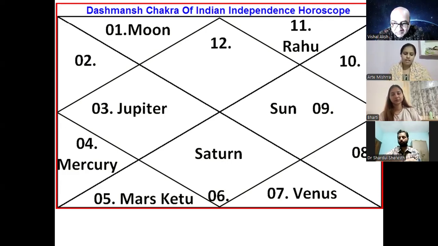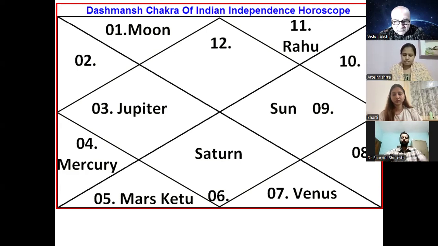Gurudev, there are many examples of incidents in Shani's Mahadasha in the Dashansh of independent India. There are bad effects of Shani Mahadasha: first, the Indo-Pakistan War of 1947, which I have discussed.